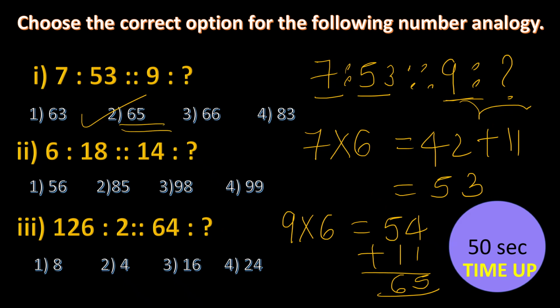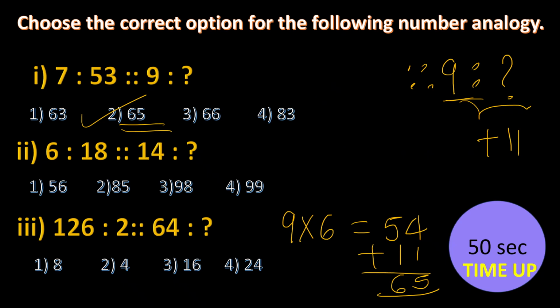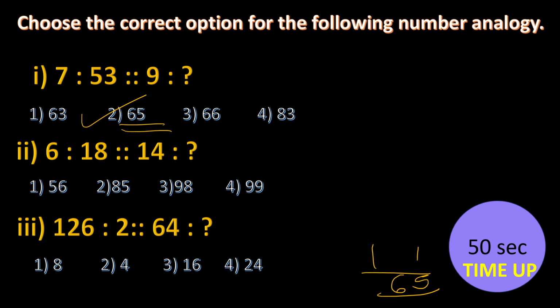Next one is 6 is to 18. Then 14 is to what they have given, right? So, students, this type we have solved in the previous class of number analogy, if you remember.